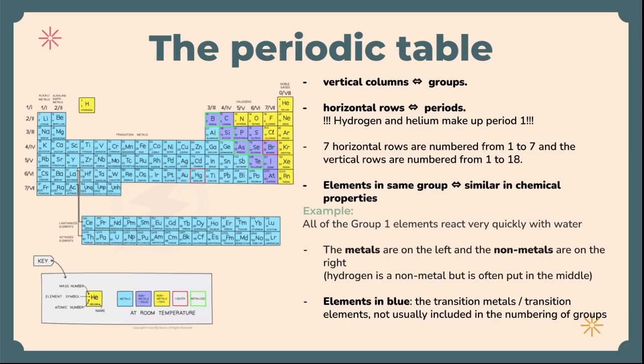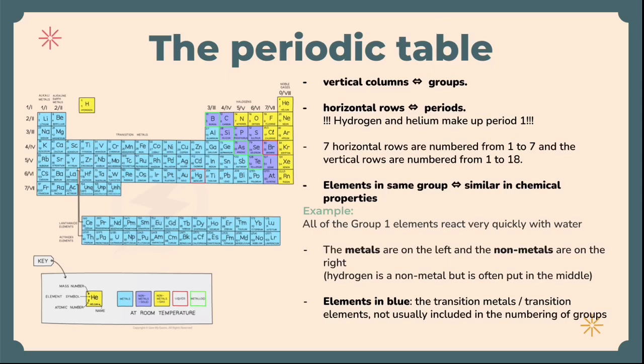The vertical columns in the periodic table are called groups, and the horizontal rows are called periods. It's important to remember that hydrogen and helium make up period 1. The 7 horizontal rows are numbered from 1 to 7, and the vertical columns are numbered from 1 to 18.